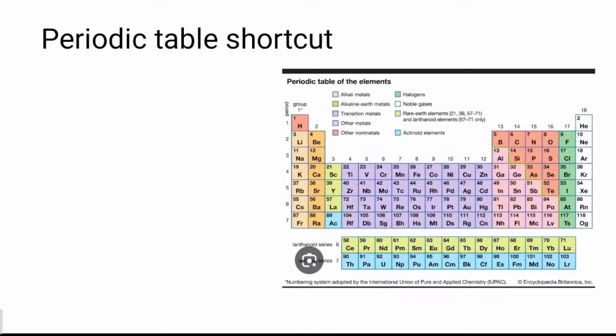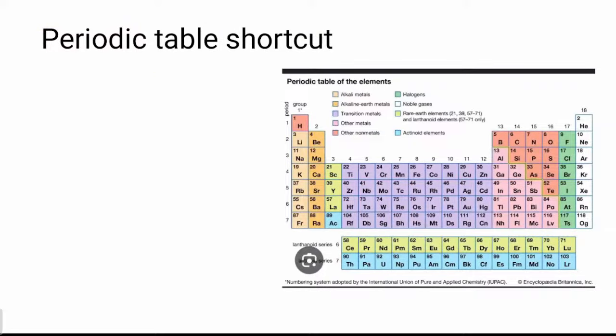So moving forward to the next question, F block elements. We have studied that we have 4 blocks, right? One of them is F block.